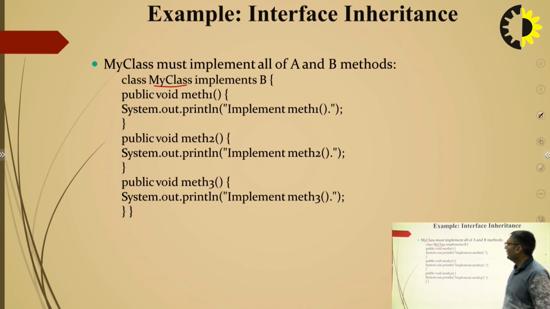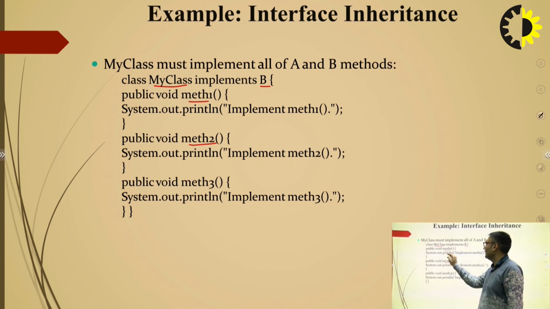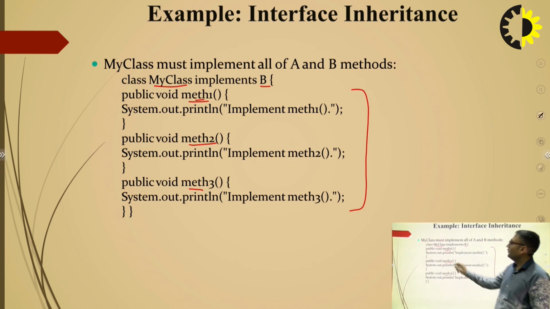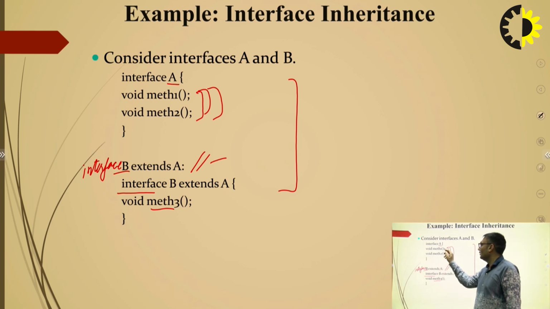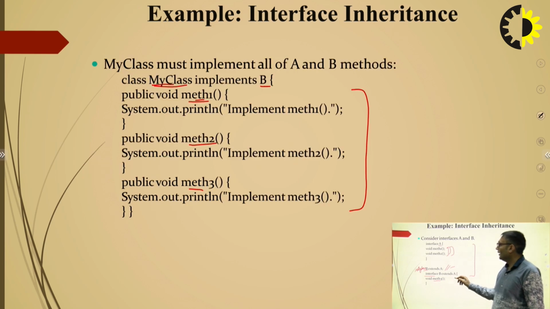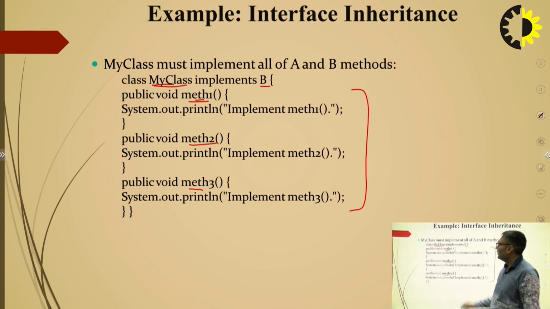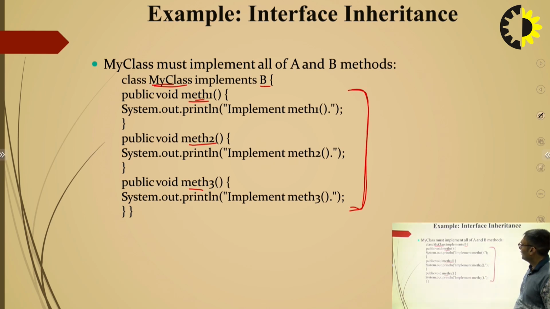There is a class, MyClass, that implements interface B, and the methods math1, math2, math3 are defined inside this class. So here I just implement B, and B extends A, so math1 and math2 automatically come here, and math3 is defined inside MyClass. In this way we can implement multiple methods defined inside multiple interfaces. So that's all about interfaces and classes.